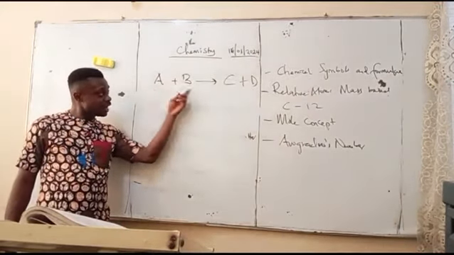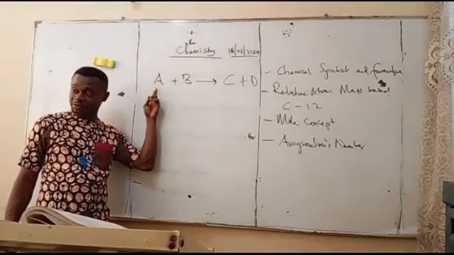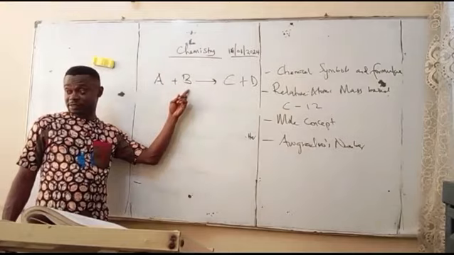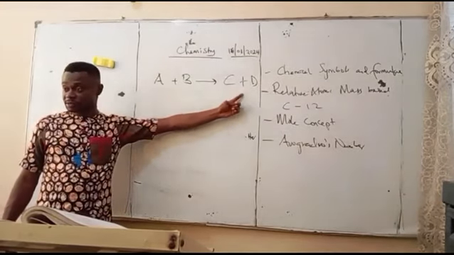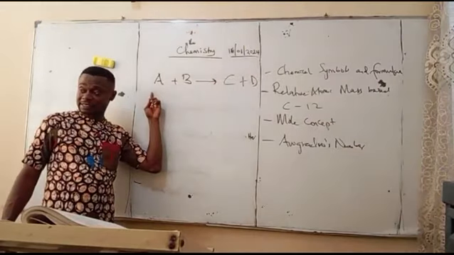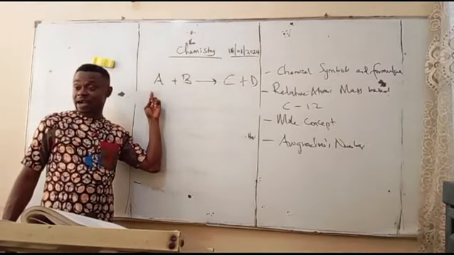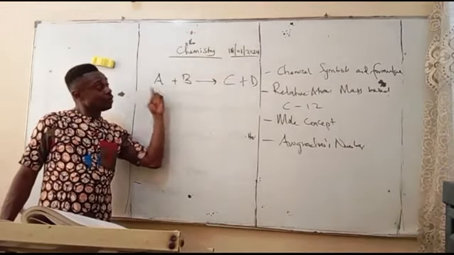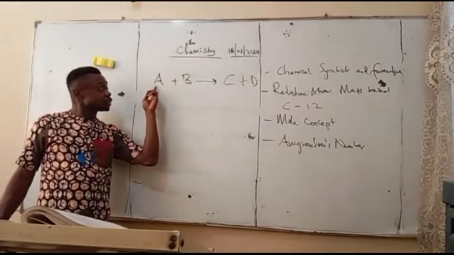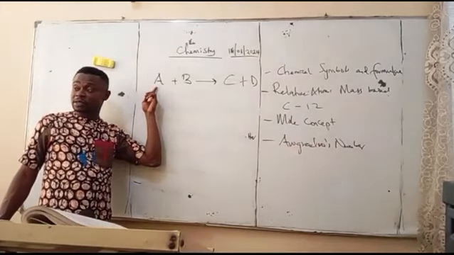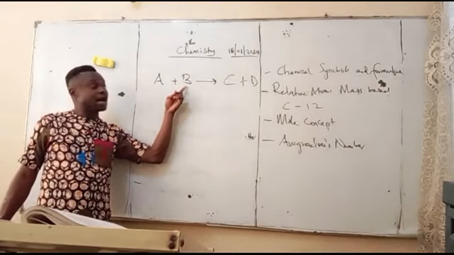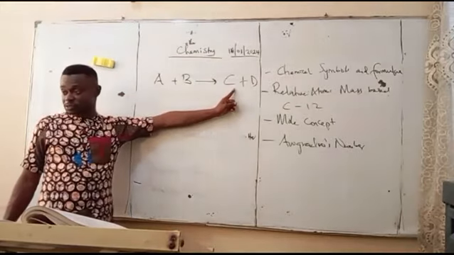There's a relationship between the amount of this that combines with the amount of this to produce these products. If you touch any of the amount of this, it will affect the amount it will react with here. And also it affects the products.